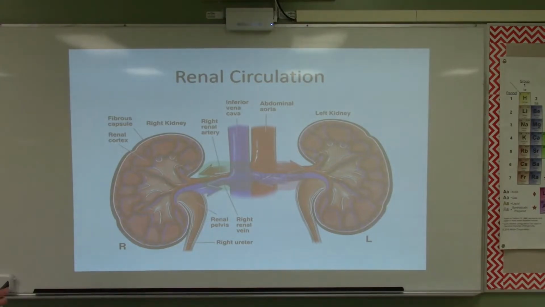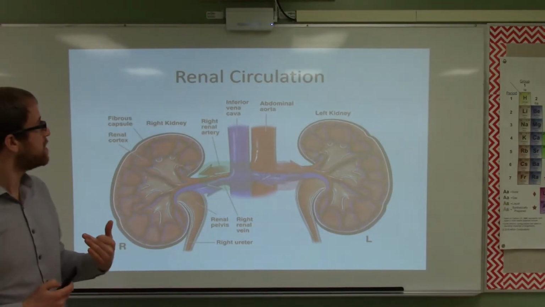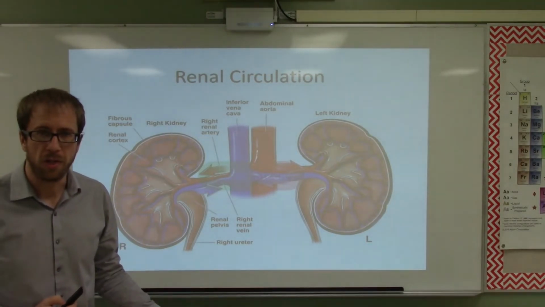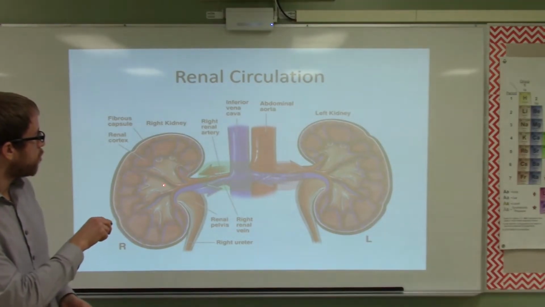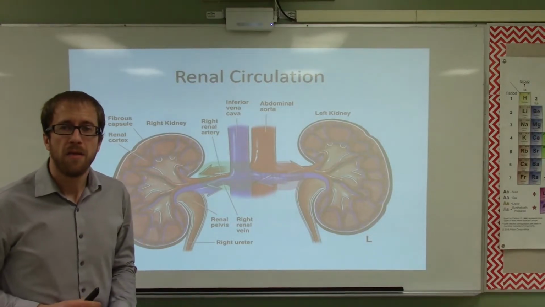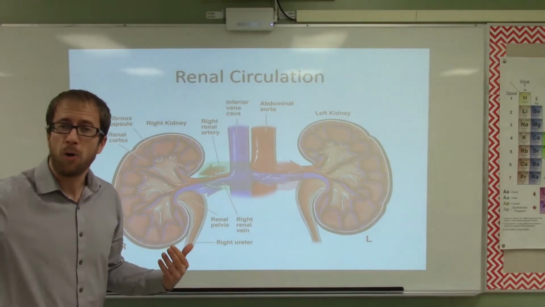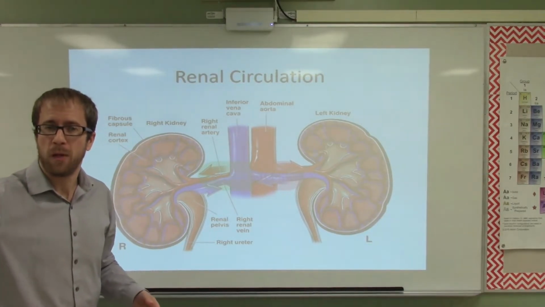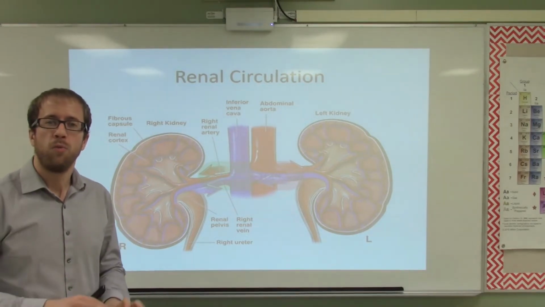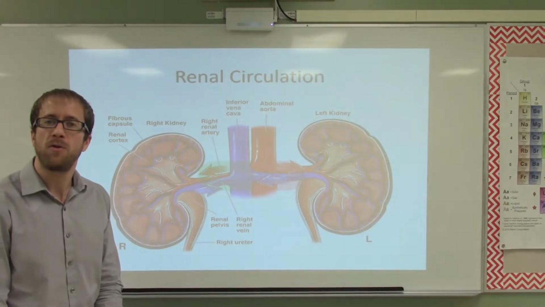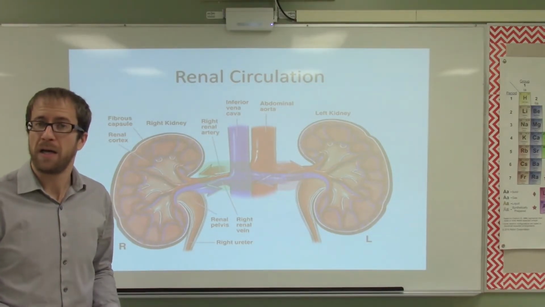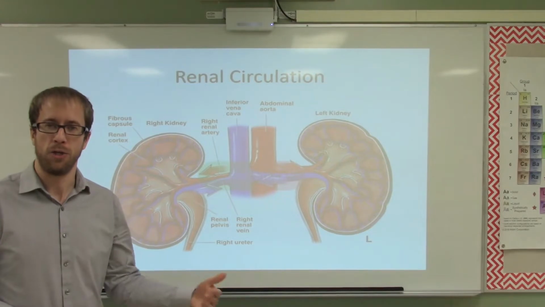Another really important one we're going to talk about in the excretory system is the renal circulation. So when your blood flows into your kidneys, this will filter out some of the things in your blood, and your kidneys will treat that filtrate and help remove some of those waste products from your blood and from your body, aka urination, right?